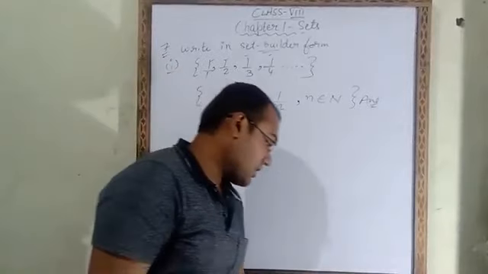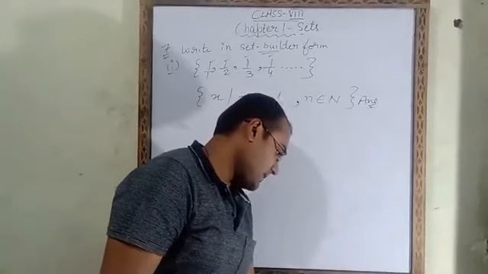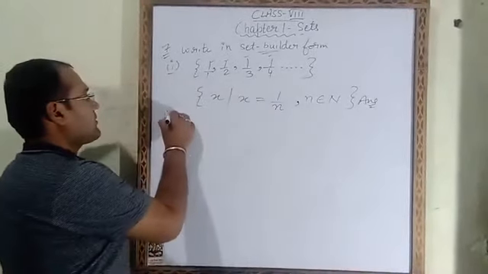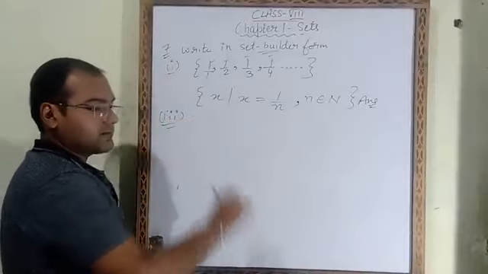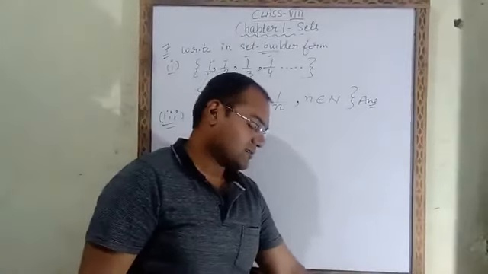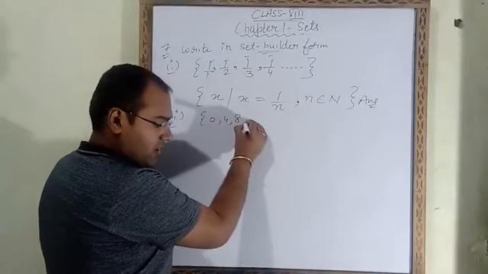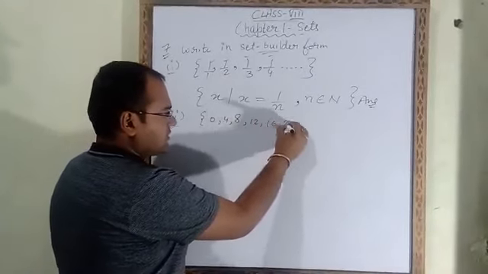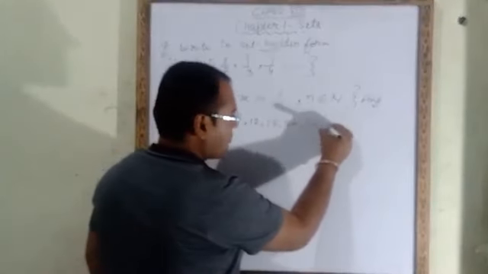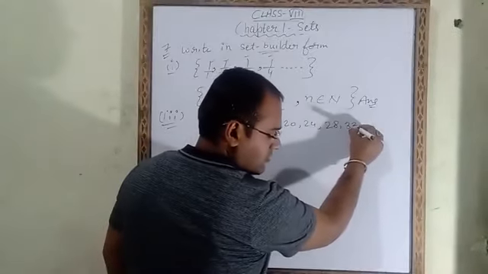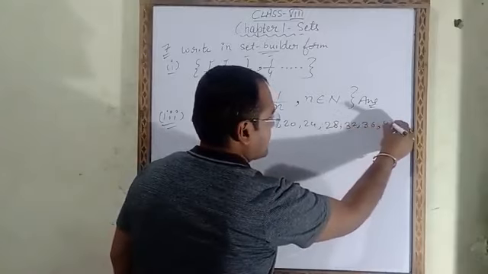Now see part number 3. Third part is 0, 4, 8, 12, 16, 20, 24, 28, 32, 36, 40.